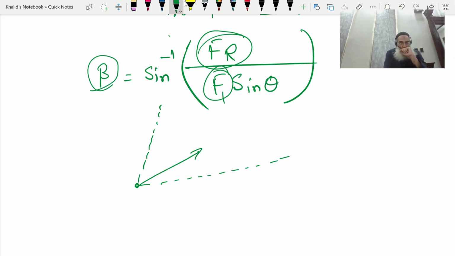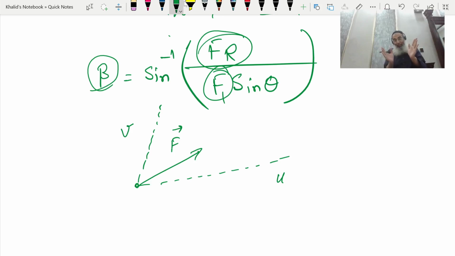To resolve this force into its components, what will we do? For example, this is the u axis and this one is the v axis. This is force F. Now we are doing the opposite. We are splitting this force, dividing this force into vectors.